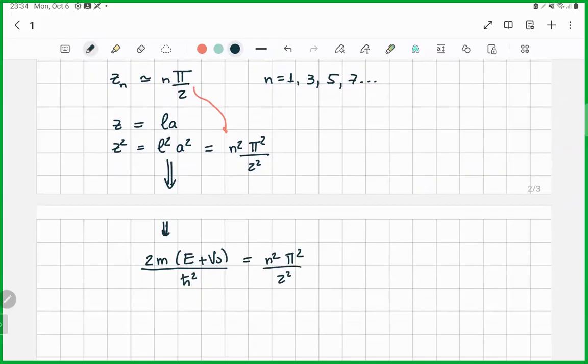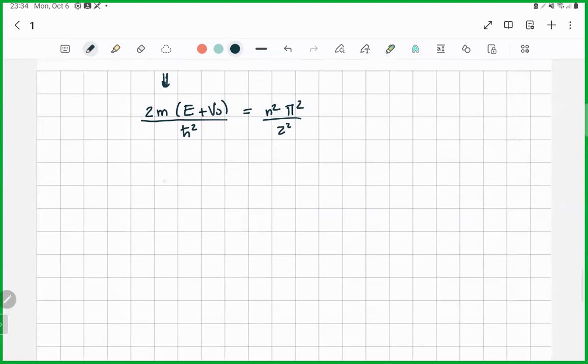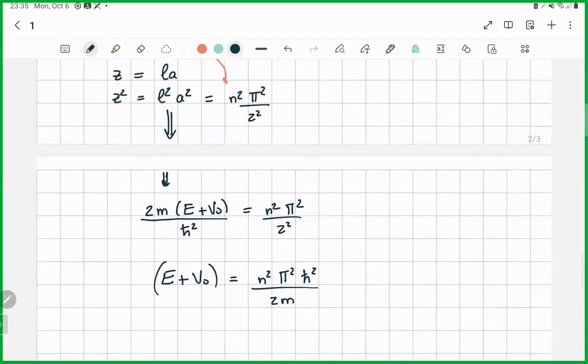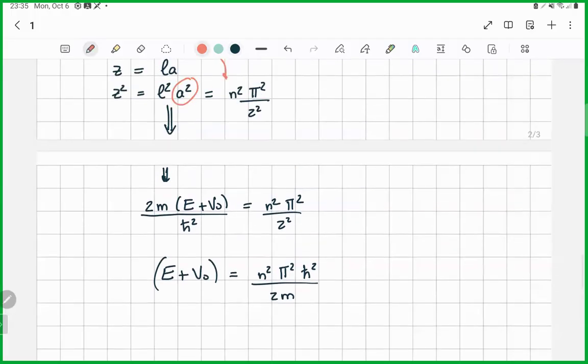So then we get a very approximate solution for this energy plus V naught. What is that? N squared pi squared h bar squared divided by 2m. We forgot one thing. Oops, there is an A squared in this story as well.